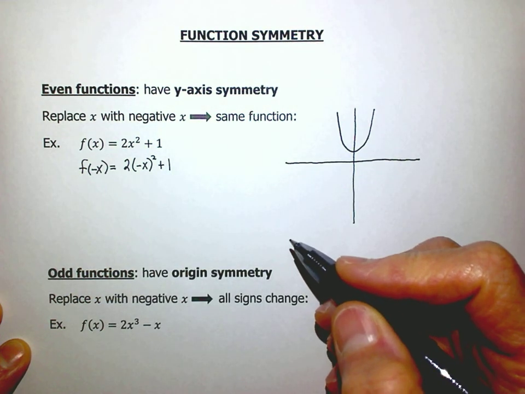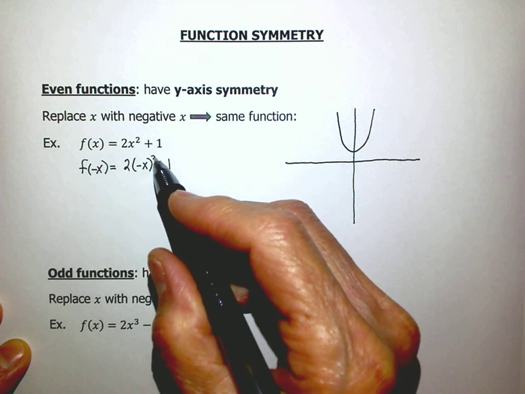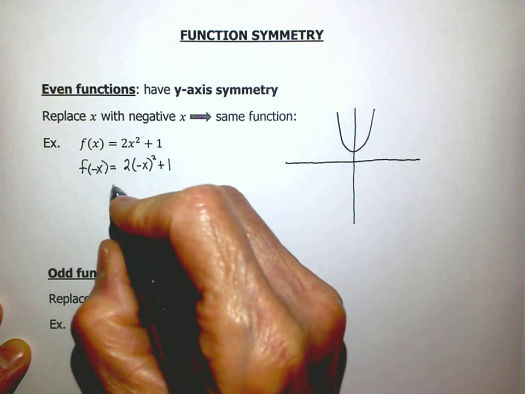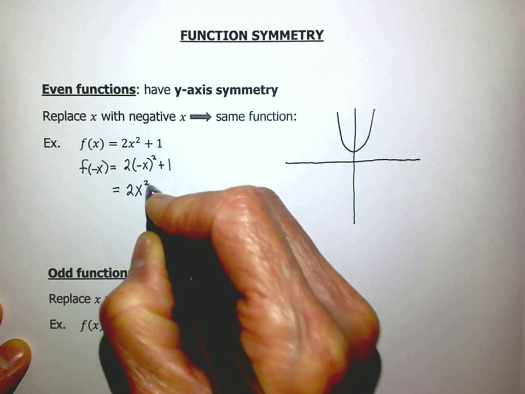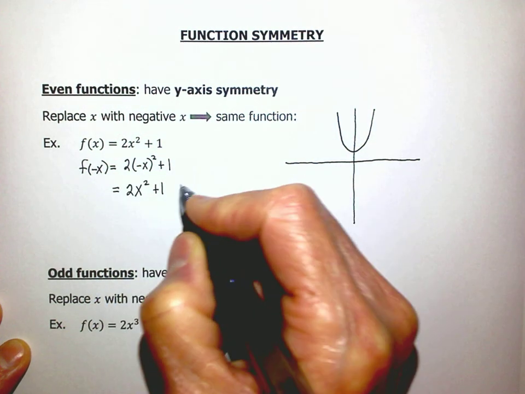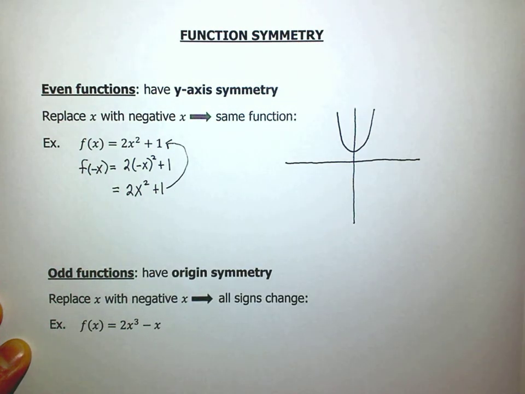Now we can simplify that because negative x squared is positive x squared. So that simplifies to 2x squared plus 1. And this is the same as our original function. So we have an even function.